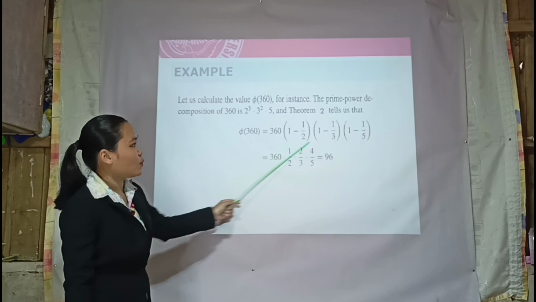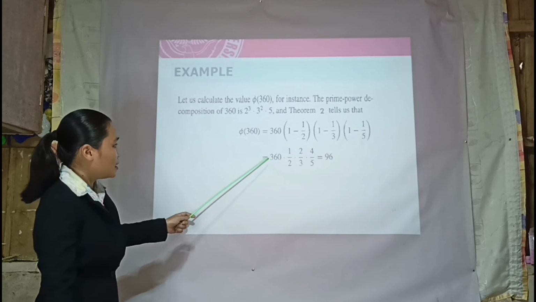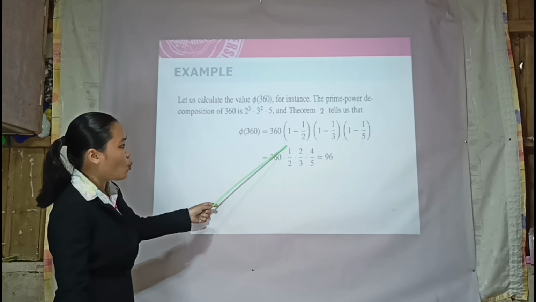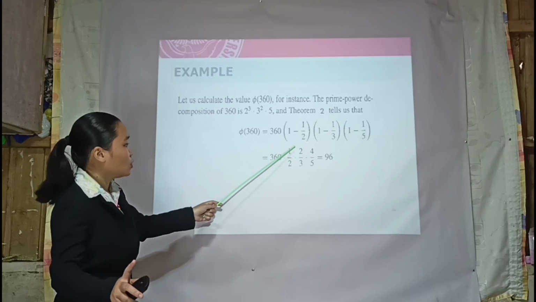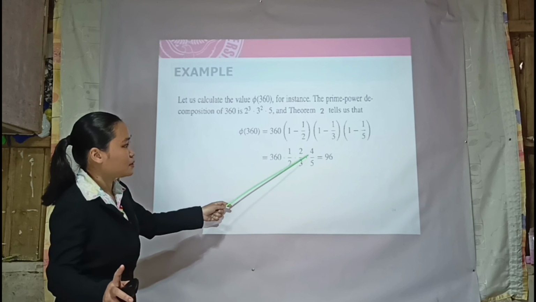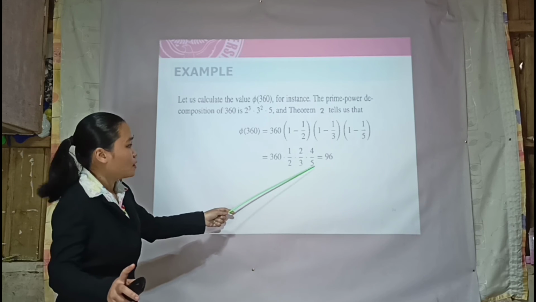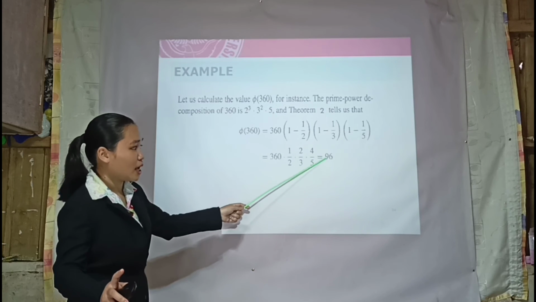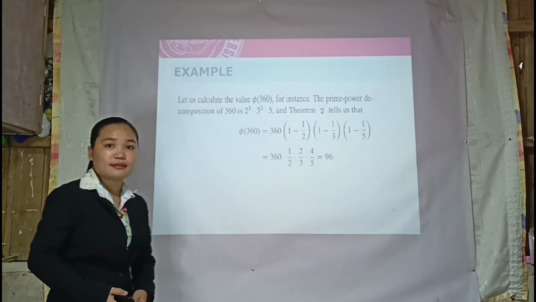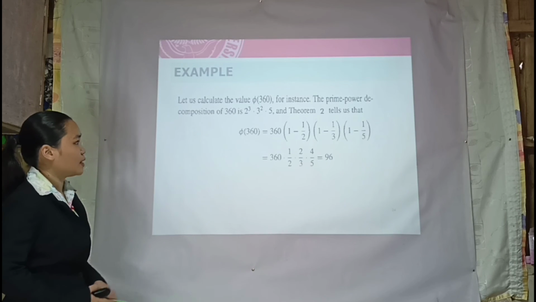If we evaluate this, we have 360 times 1 half times 2 thirds times 4 over 5, which is equal to 96. Do you understand? You can use your calculator.